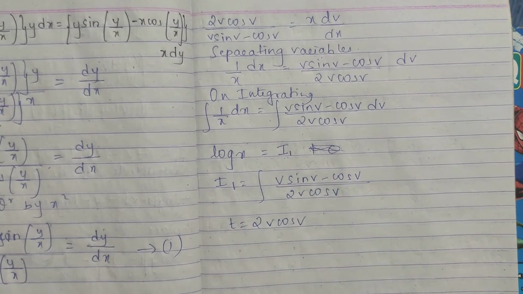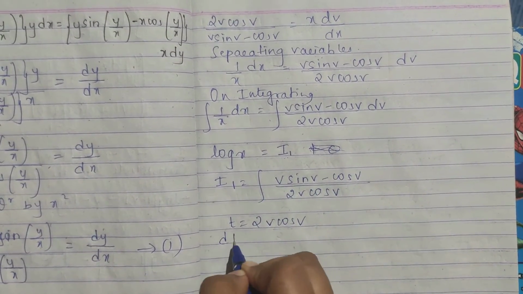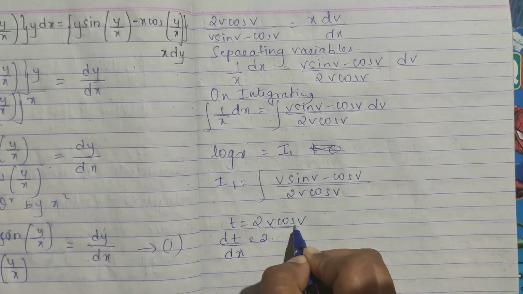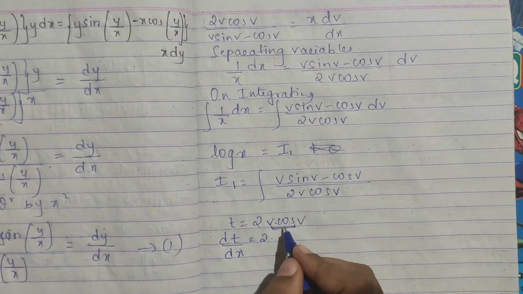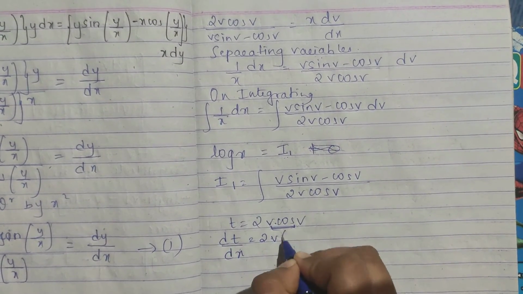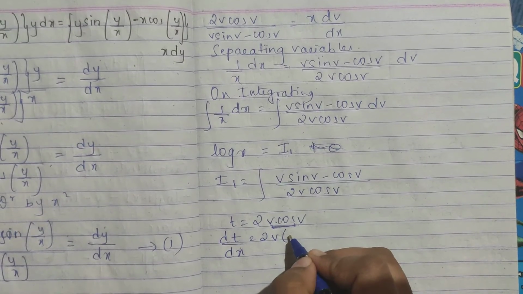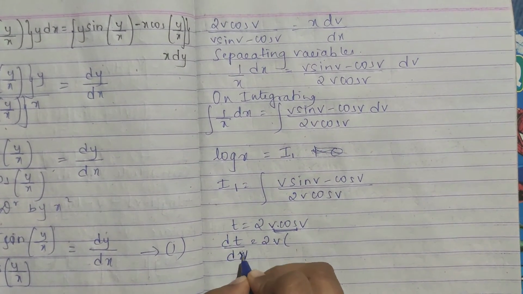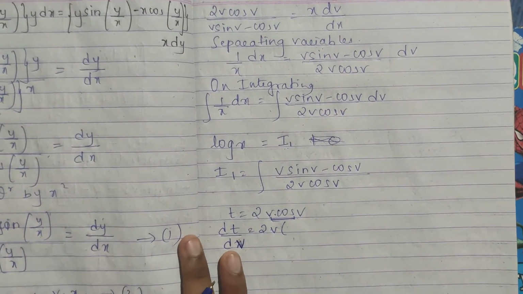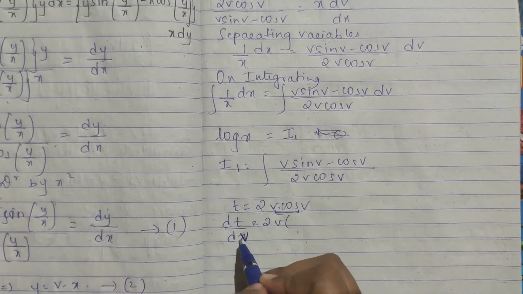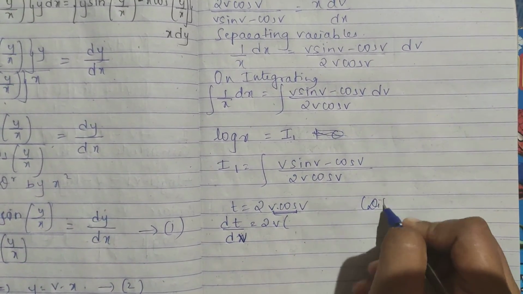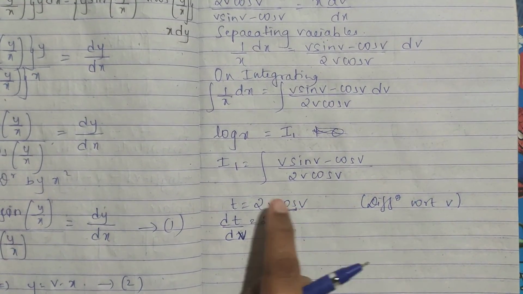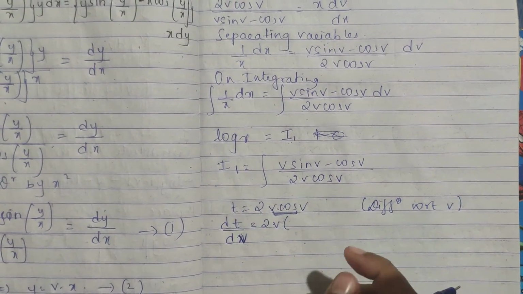Differentiating it, 2 as it is, v into u form. Differentiating with respect to v, whatever the function it will be, whenever you are doing this substitution, you should differentiate with respect to that variable itself.